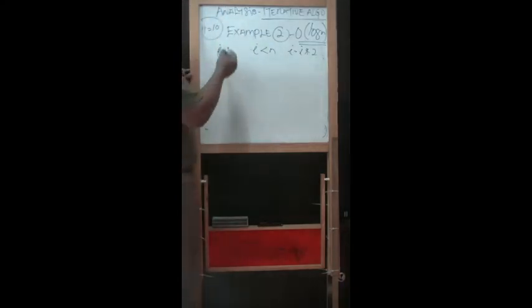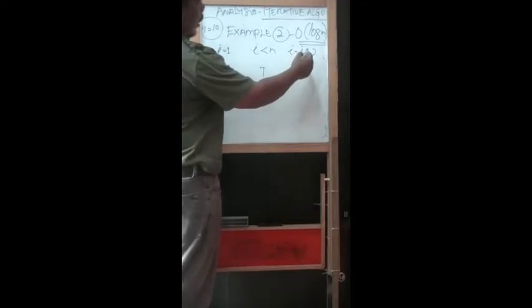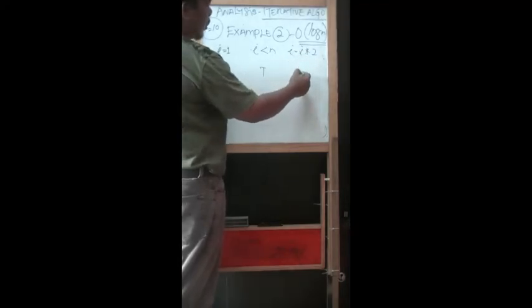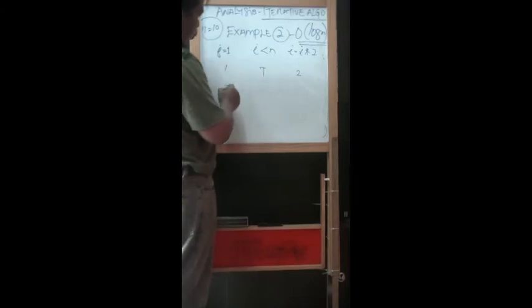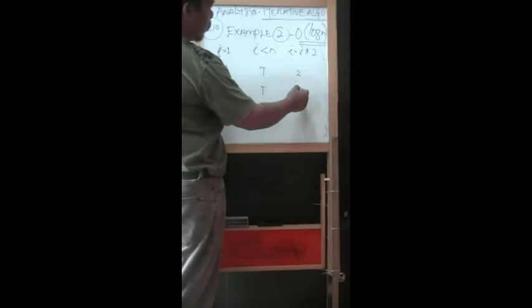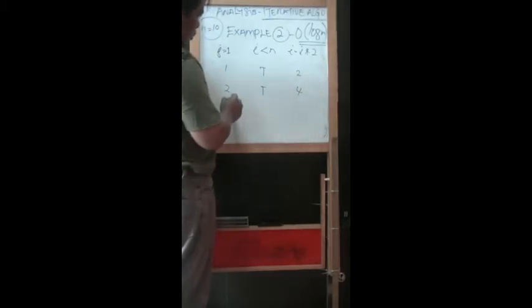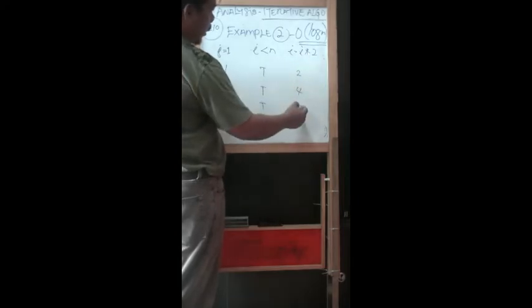If i equal to 1, this is true, right? And 1 times 2 is 2, and i equal to 2, this is true, and 2 times 2 is 4. When i equal to 4 here, true, 4 times 2 is 8.